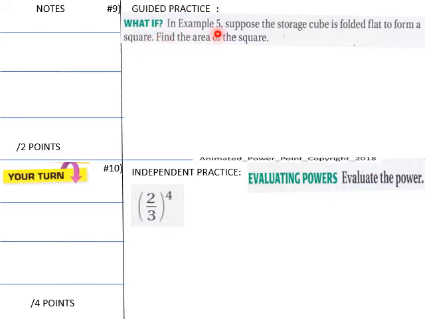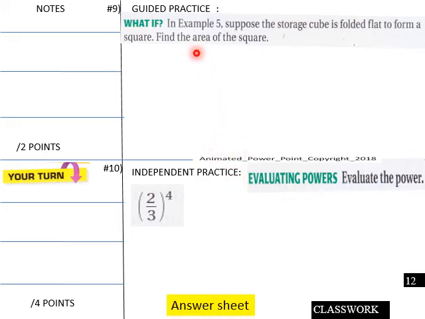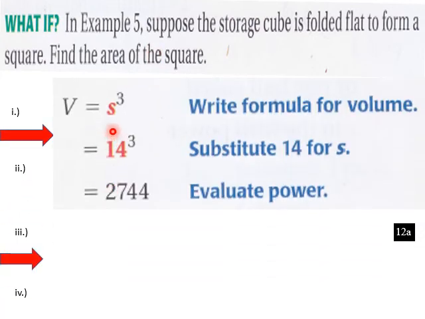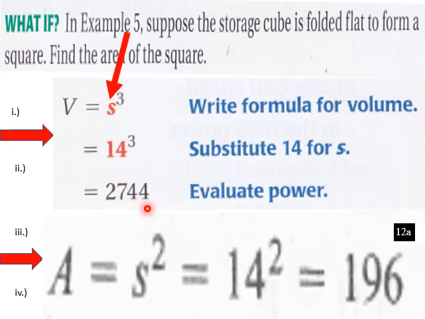So let's try a guided practice here. What if, in example 5, suppose the storage cube is folded flat to form a square? Find the area of the square. Okay, so remember example 5? How long was the edge in example 5? It was 14, right? Now for the area of a square for that.